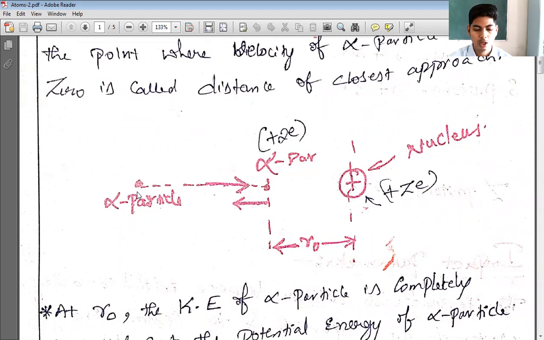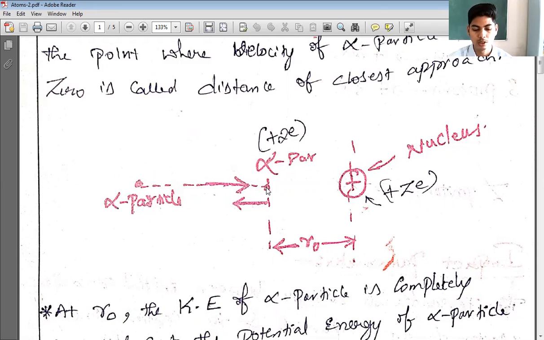Once the alpha particle is projected towards the nucleus, its velocity goes on decreasing, and at one point, the velocity of the alpha particle becomes zero. At this point, we can also say the kinetic energy of the alpha particle becomes zero.